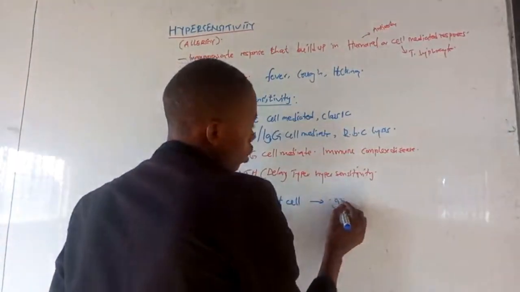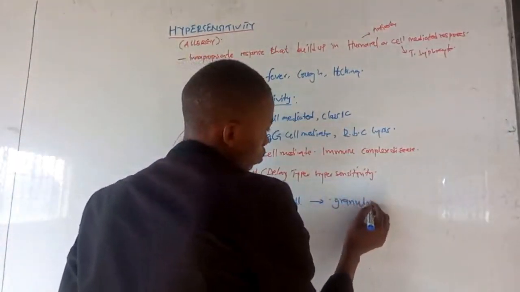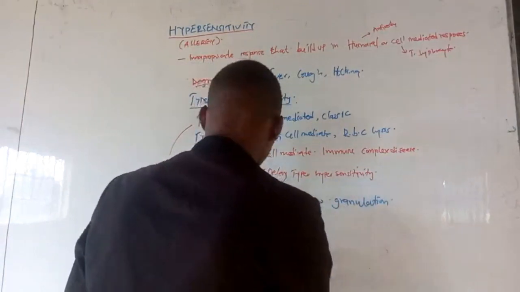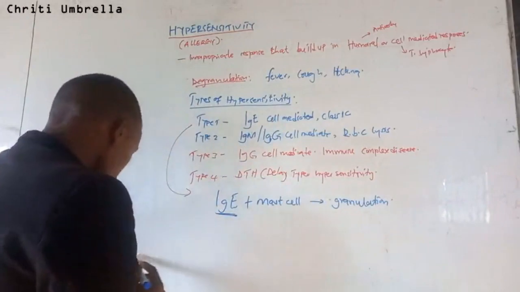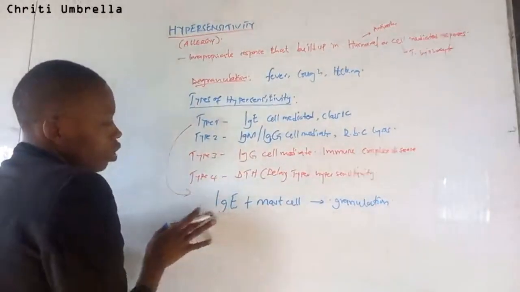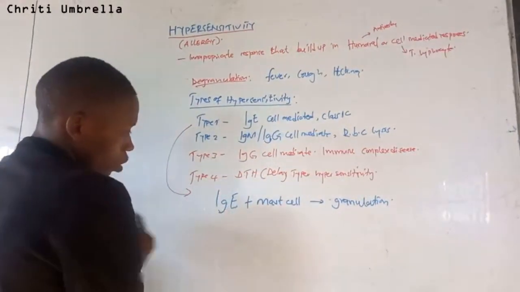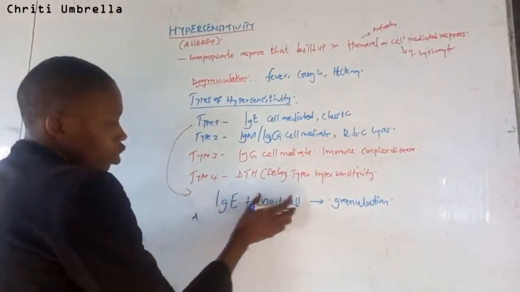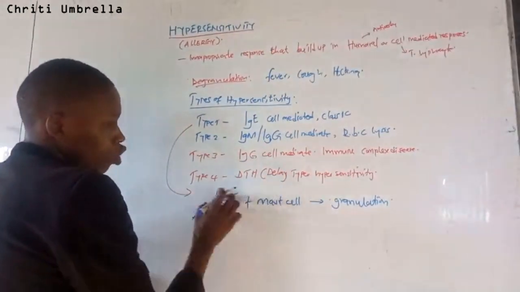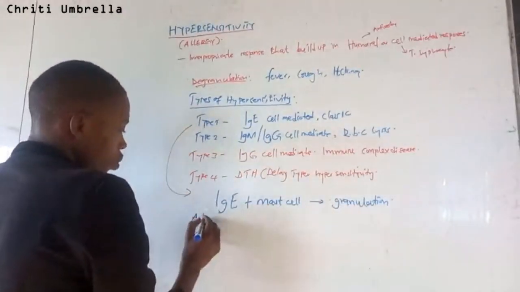We shall call it degranulation. This immunoglobulin will combine with this, producing this one. What combines to form degranulation, we call it allergen.